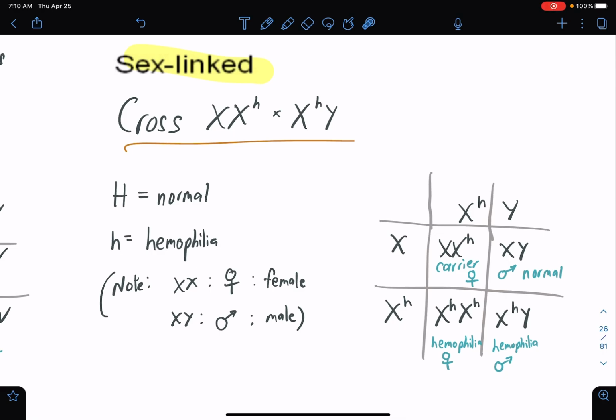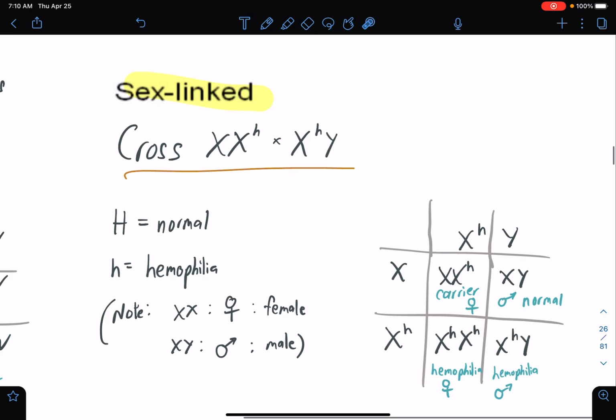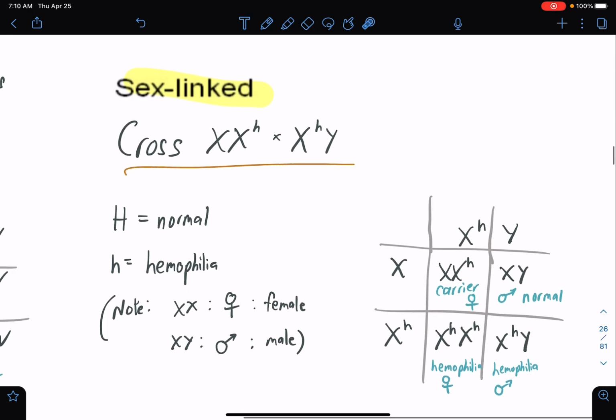wait, before I start with saying this, let's start with this first. So H is equal to normal, and small h is hemophilia. Hemophilia, by the way, is I suppose an X-linked recessive trait. So yeah, that's all I'm gonna say.